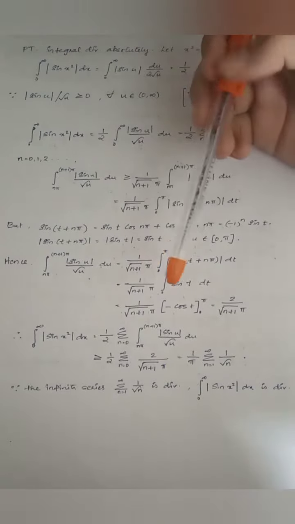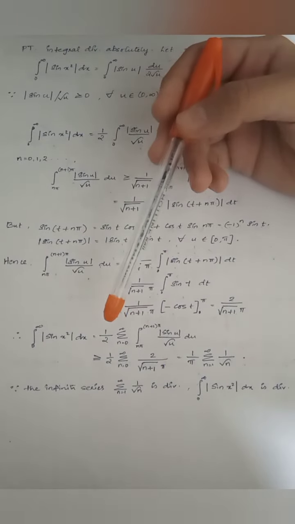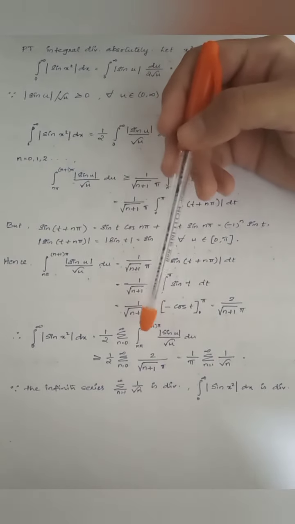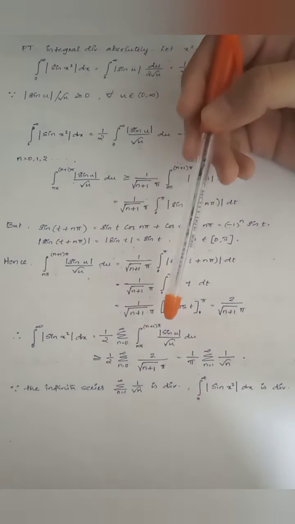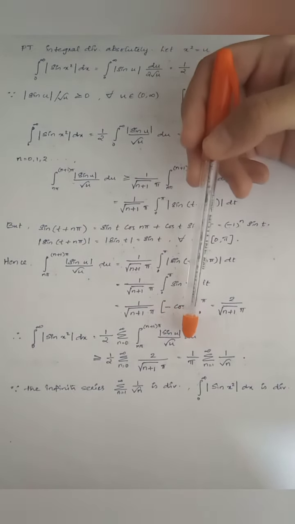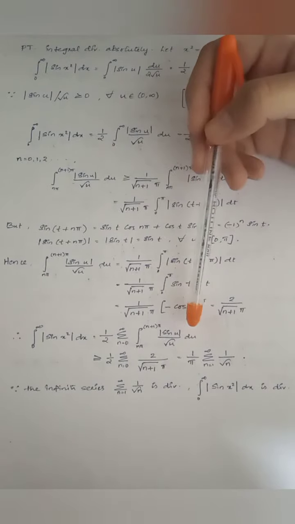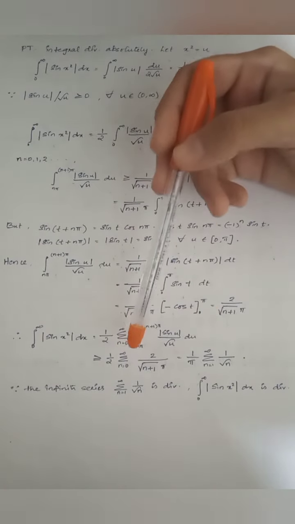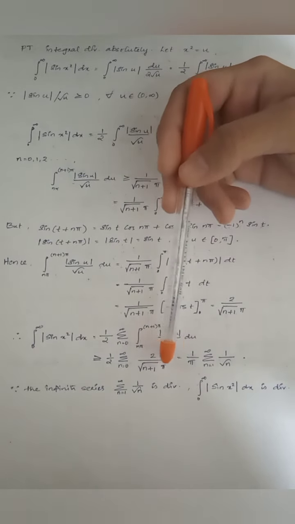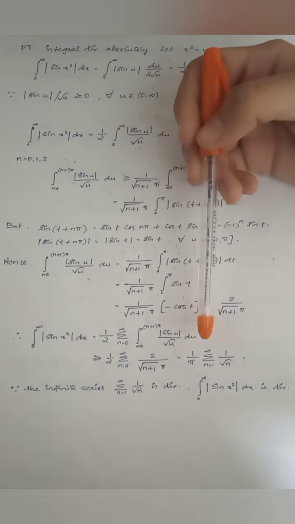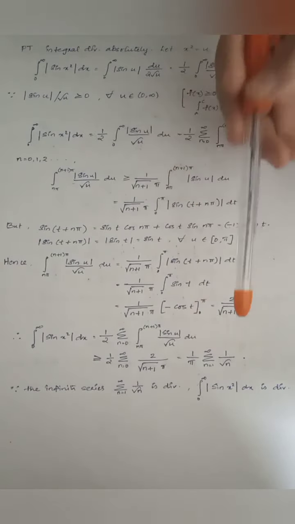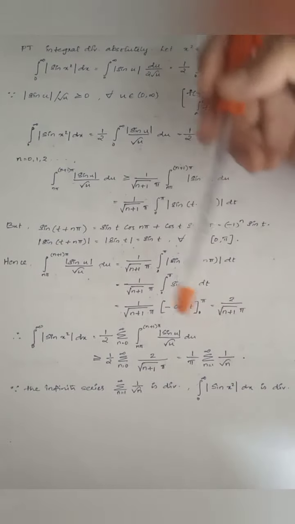Therefore, the integral from 0 to infinity of |sin x²| dx, which is equal to half of the sum over n from 0 to infinity of the integral from nπ to (n+1)π of |sin u|/√u du, is greater than or equal to half of the sum over n from 0 to infinity of 2/(√(n+1)π), which is equal to 1/π times the sum from n = 1 to infinity of 1/√n.